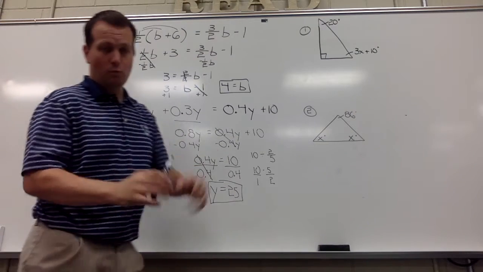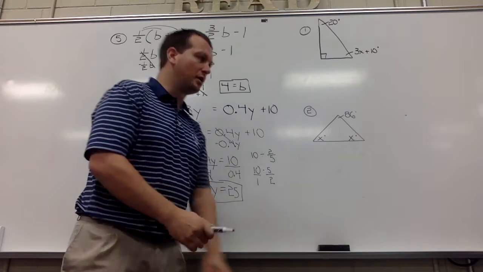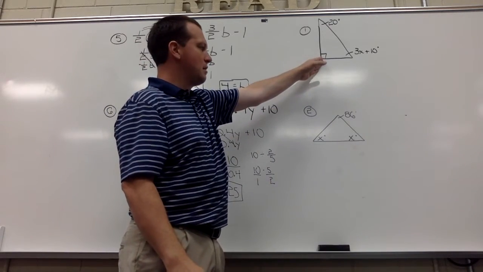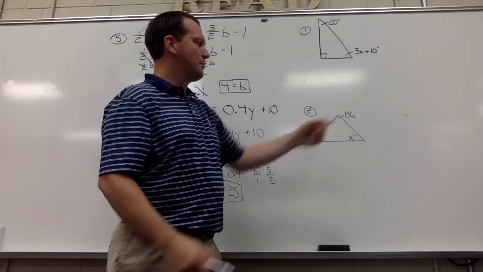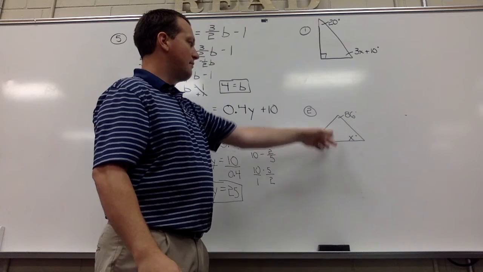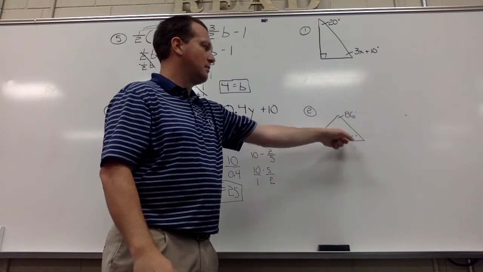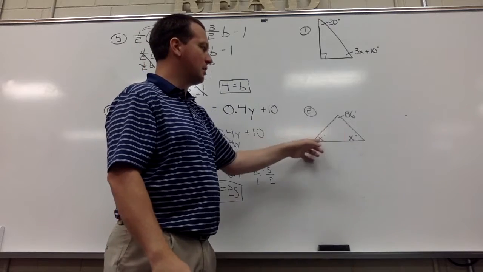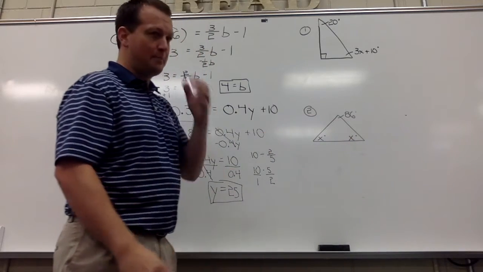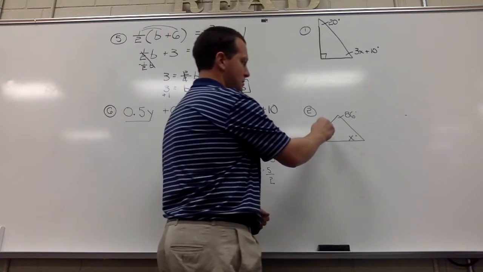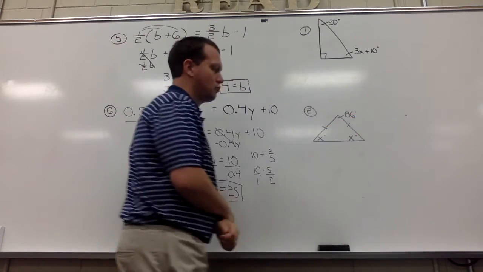Okay, we're off to our geometry connection here. We have 2 triangles, one right triangle, and then one, I believe, isosceles triangle. We'll have 86 and then 2 identical angles here, which mean the opposite sides are congruent. So isosceles, acute triangle.